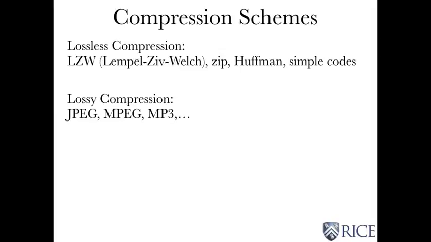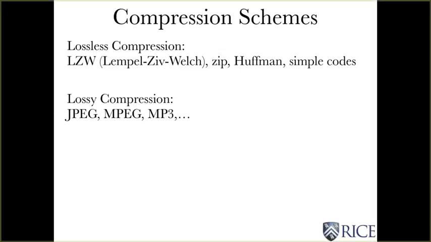So here are the compression approaches that you may have heard of and how they fall into the lossless and lossy compression scheme. So LZW is a lossless compression algorithm. It's the same algorithm that's used when you zip a file. We're going to talk about a Huffman code in just a second.